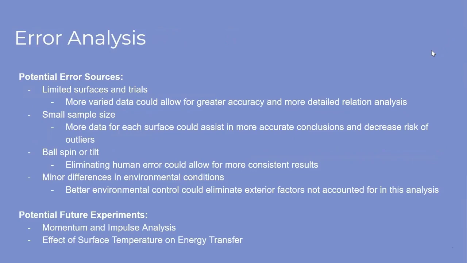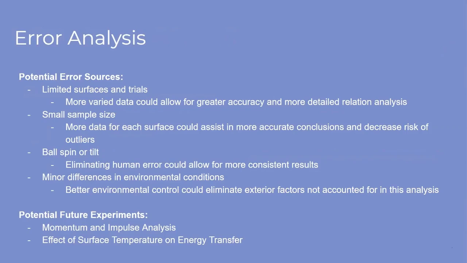As far as the error goes, we had very limited surface trials, so only 5 bounces per surface, which is enough to draw reasonable conclusions. But with more data, we can potentially eliminate outliers.